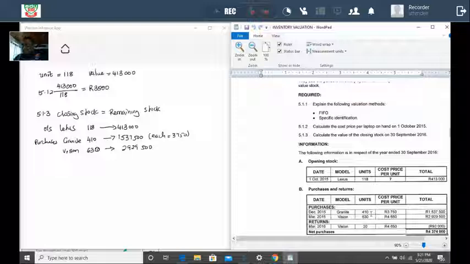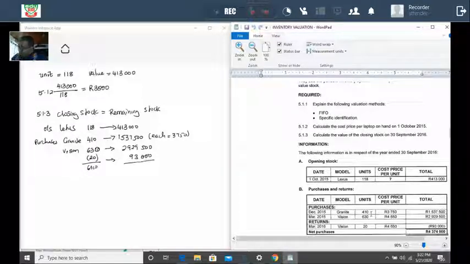But now we have to return some of them. We return 20, so we are left with 610, and those 20 were for 93,000 for the Vision.